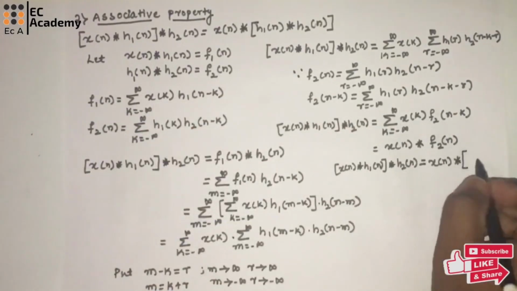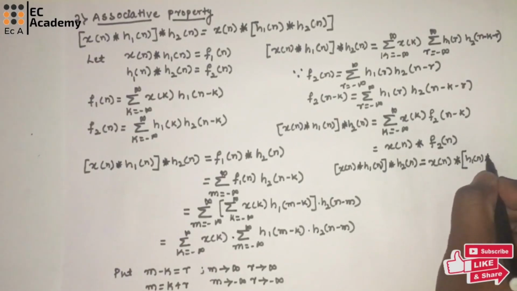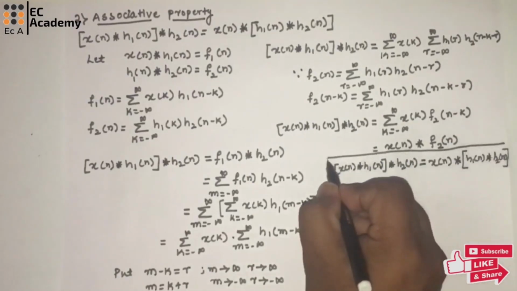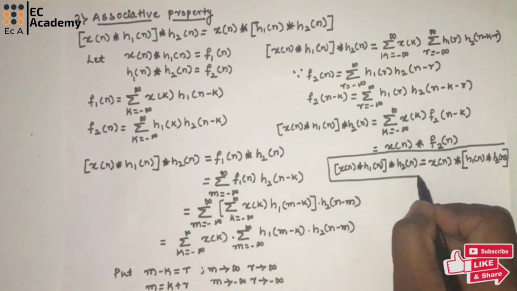So we can write that as h1 of n star h2 of n. So we have proved the associative property for convolution.